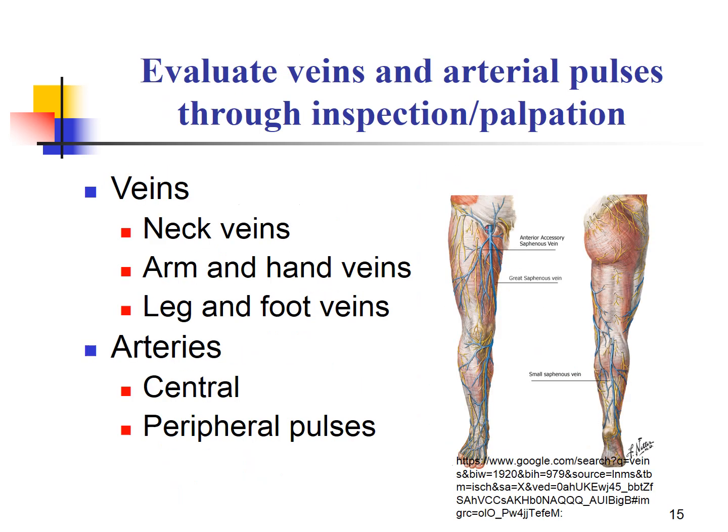Next slide. And then evaluate the veins and the arterial pulses, so you're going to inspect. Inspection is the first step of the physical assessment. So remember, for physical assessment, you inspect, you auscultate, you palpate, you percuss. So definitely for the cardiovascular system, there's inspection.